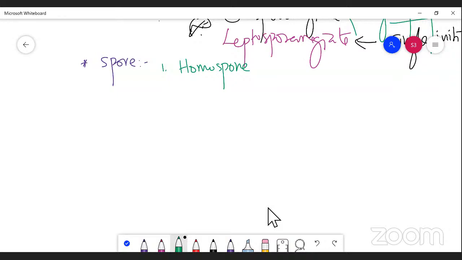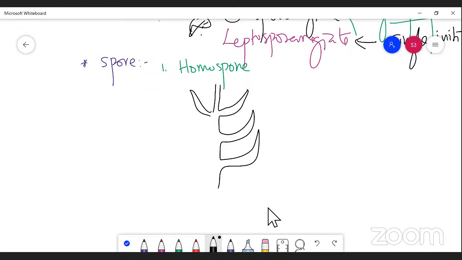Either microspore or megaspore. I'd like to draw the structure of the sporophytic condition. This is the plant, and if you take a longitudinal section of the cone, this is a sporophyll, the leaf-like structure from which the spores originate. All the spores are similar, whether microspore or megaspore.